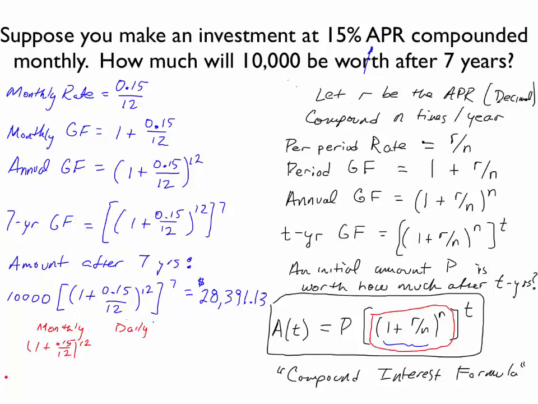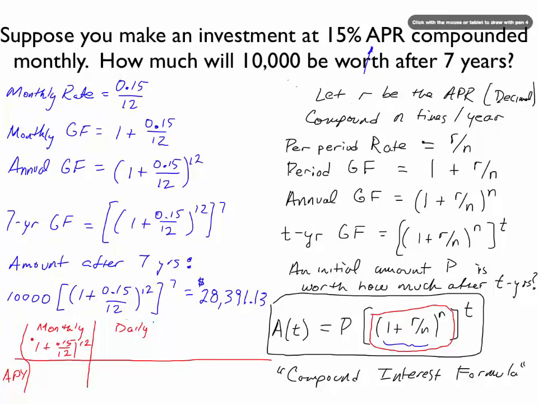And that was an APY of, okay, what APY did we get for monthly compounding? Yeah, so that was 1.1608, and so that's 16.08%. Is that right?